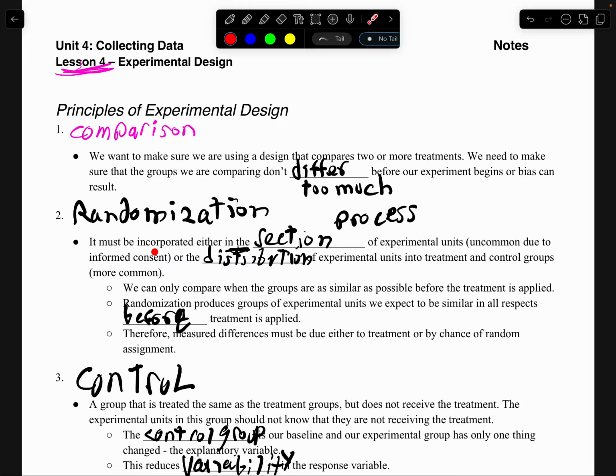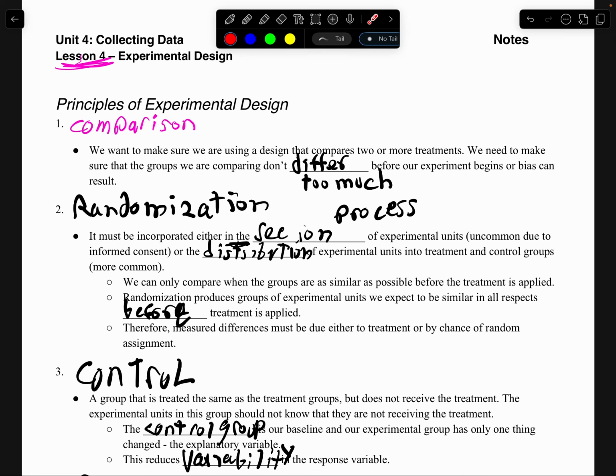Randomization. It must be incorporated either in the selection process of experimental units, but this isn't normal because we have informed consent, or the distribution of experimental units into the treatment and control groups.